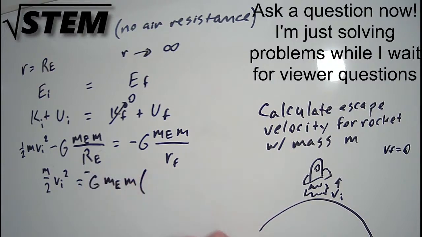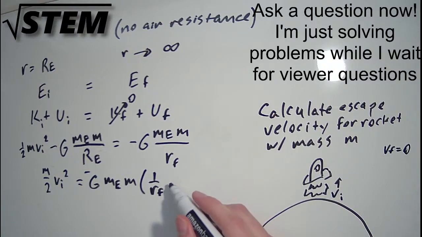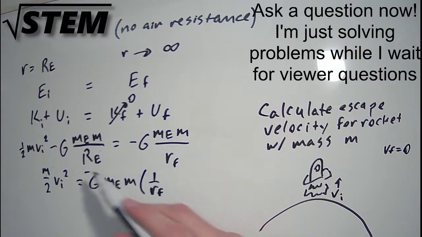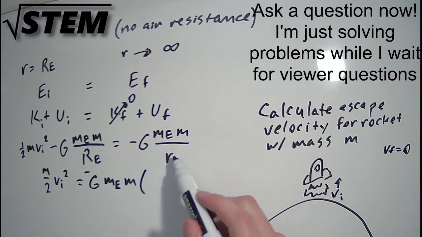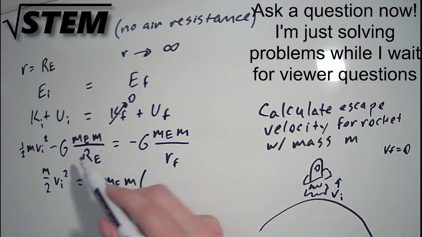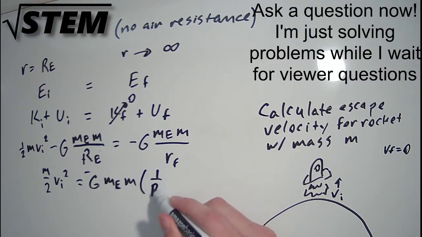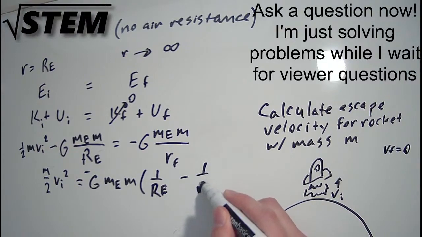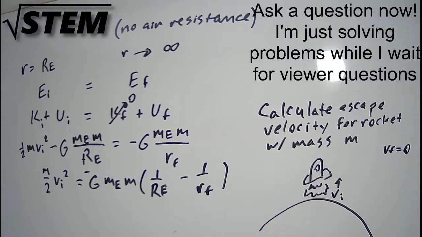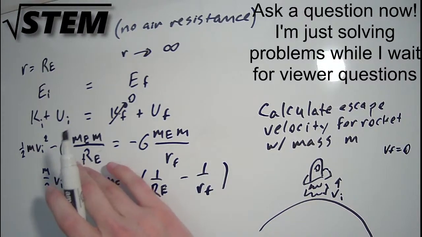We'll put the negative sign in front, and we'll have 1 over R final. Oh, actually, hold on. So this term would be negative, that one would be positive. So we'll have 1 over the radius of the Earth minus 1 over the final radius. There's no negative there anymore.